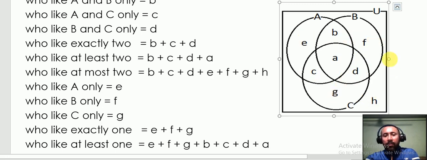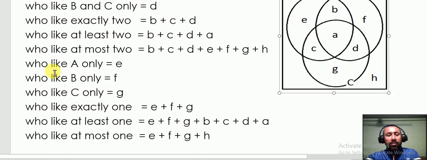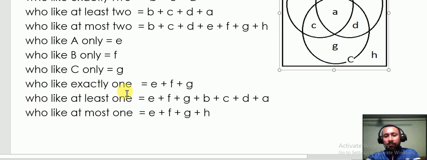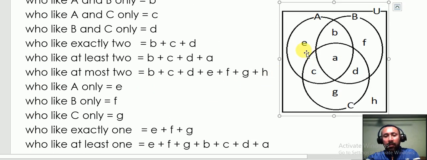If we add these 7 values, then we get the answer for who like at most 2. Suppose we are asked to find who like A only, that's e. Who like B only, that's f. Who like C only, that's g. So who like exactly 1, for that we add e, f and g. The sum of e, f and g gives the answer for who like exactly 1.